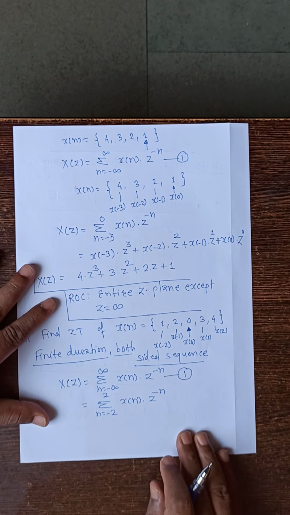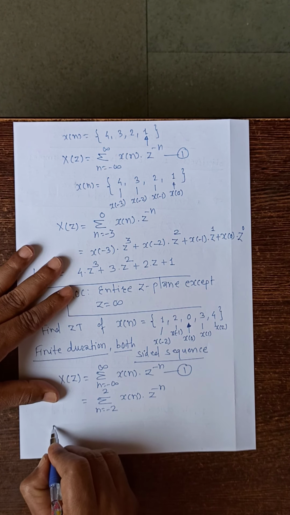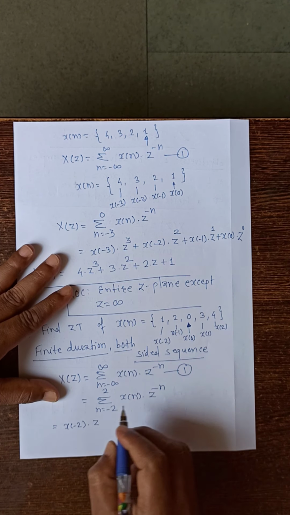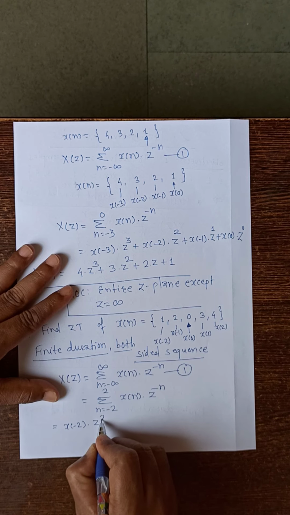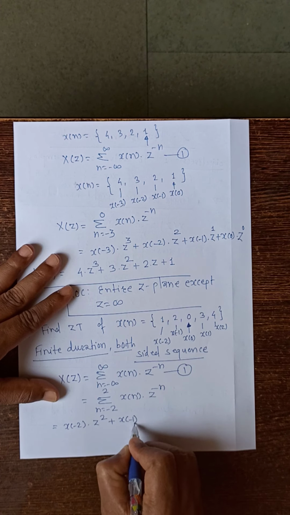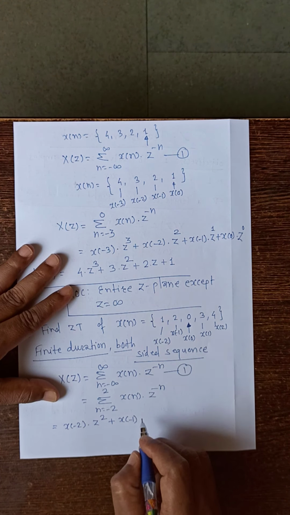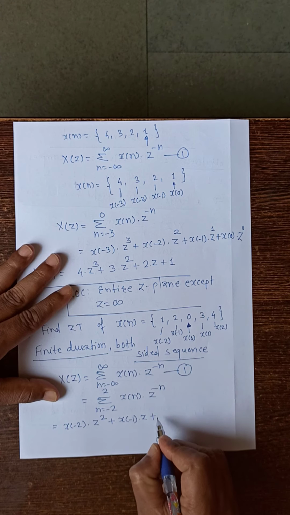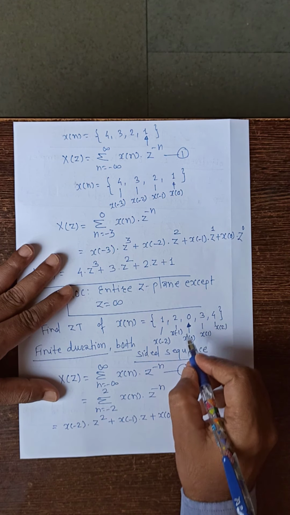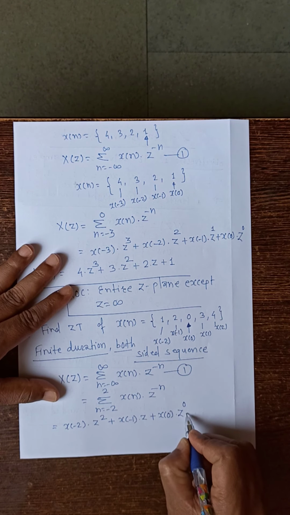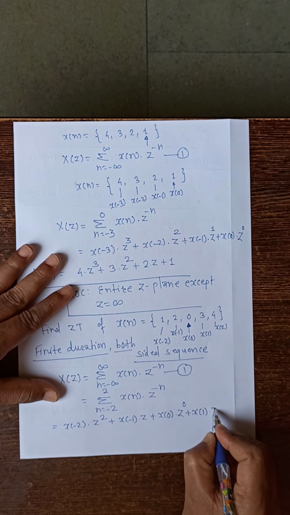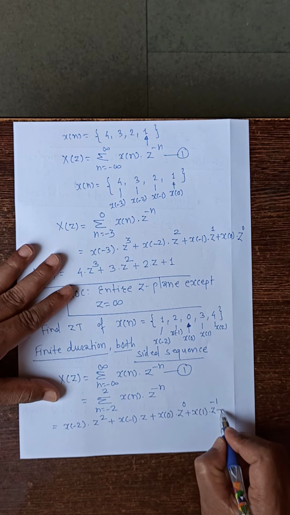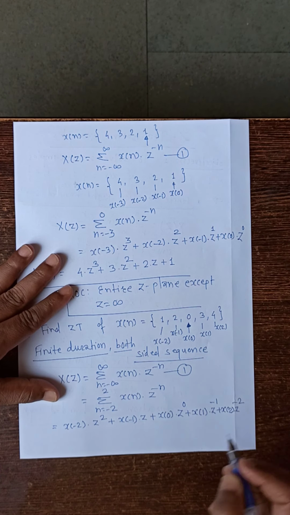So we'll expand the term. n equals minus 2: x of minus 2 into z raised to minus of minus 2 becomes plus, that is z square, plus x of minus 1, the second term, z raised to plus 1, plus x0 into z raised to 0, plus x1 into z raised to minus 1, because n equals 1, plus x2 into z raised to minus 2.